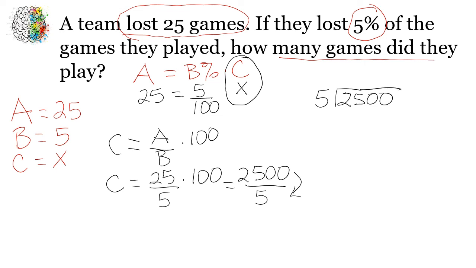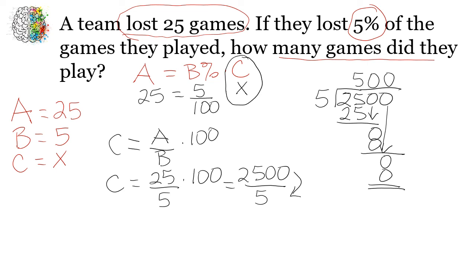The bottom number goes on the outside, top number goes in the box. 5 can go into 25 5 times. Bring down my 0. 5 can go into 0 0 times. Bring down my other 0. 5 can go into 0 0 times. Now I've used up all of my numbers, so now my problem is complete.